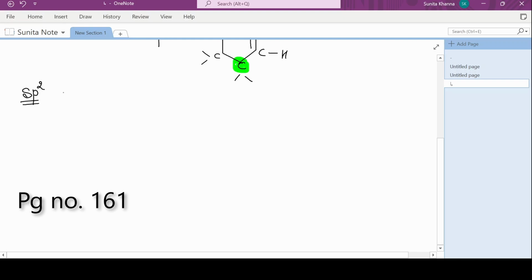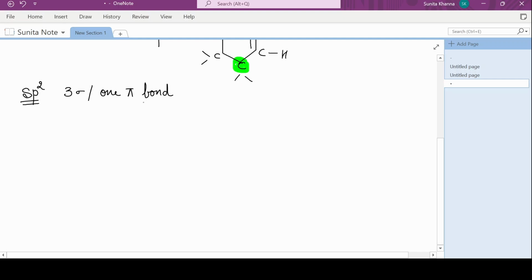Sp2 hybridized carbon atom means the carbon atom contains one double bond, or it contains 3 sigma bonds and 1 pi bond. About sigma and pi bonds you must have studied in detail in grade 11th, or you can refer to my lectures on the topic.